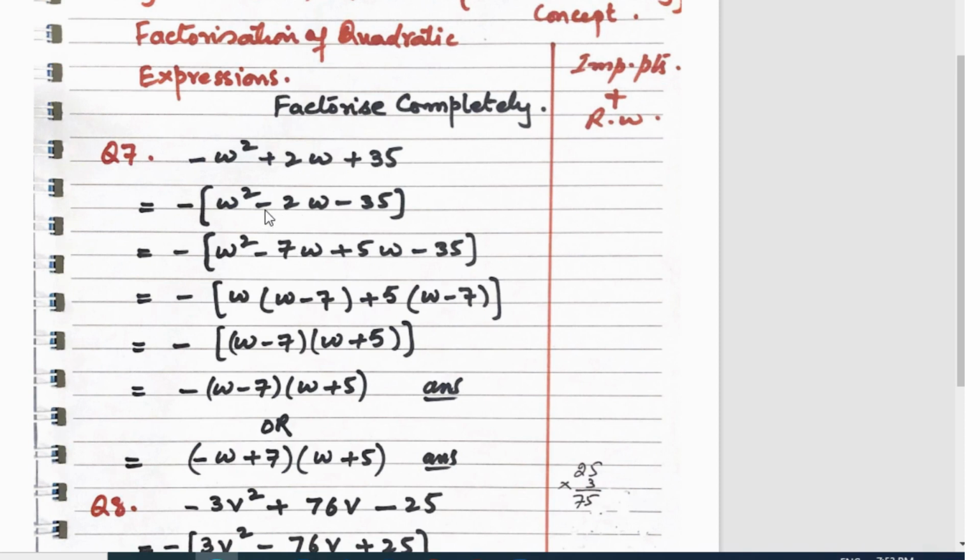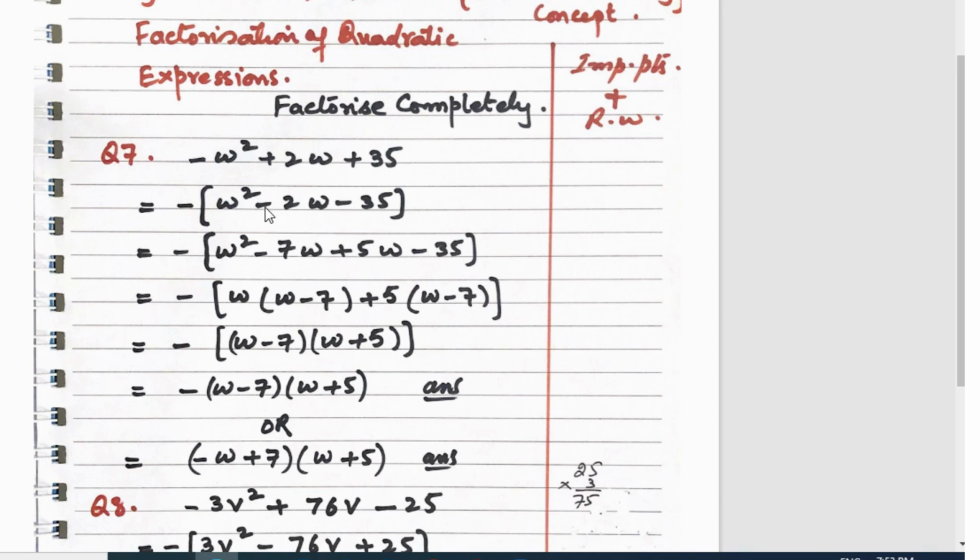As there is a minus sign with the middle term, we will adjust the components in such a way that, just to check whether we are getting this term back or not, if we subtract or add these two components, we get this minus 2w.